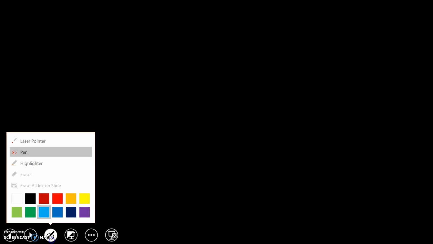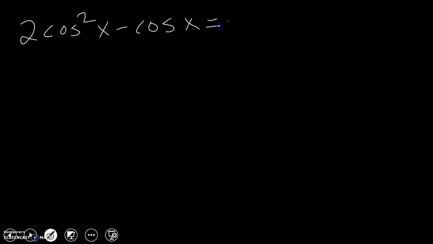Moving on. The next problem is going to be 2 cosine squared x minus cosine of x equals 0. Now again, I'm going to factor cosine of x.